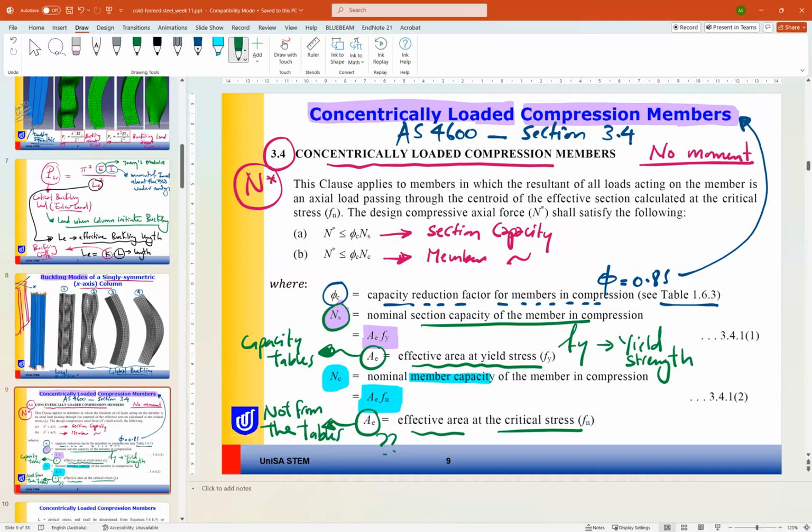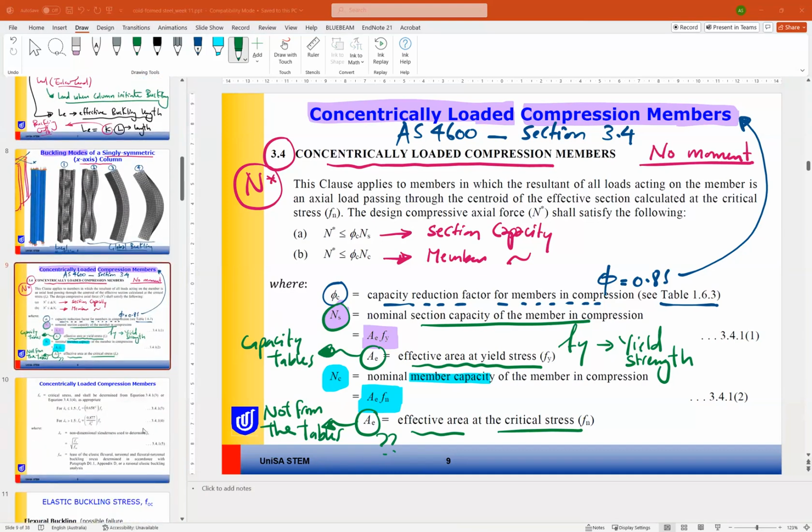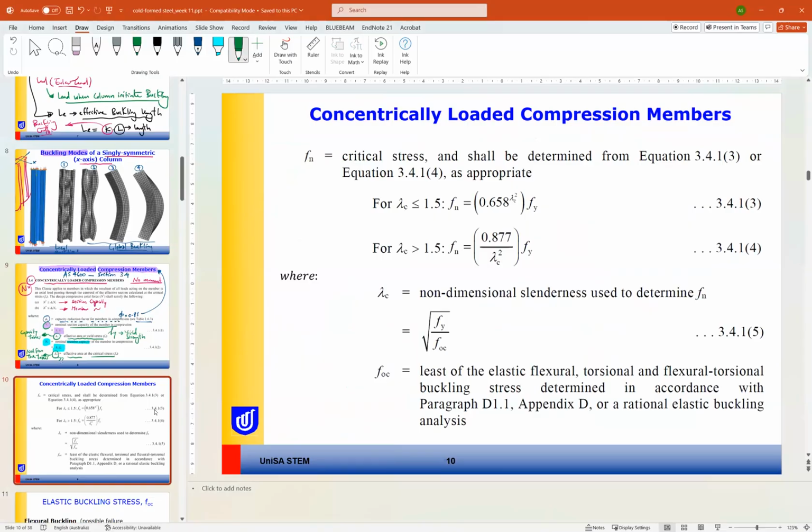For the section capacity, it is a simple step: you just need to find A effective from the table and multiply by Fy, and you will find NS. The effort will be to find NC, which is AE at stress Fn, and we need to find Fn. We will see now how to find them.